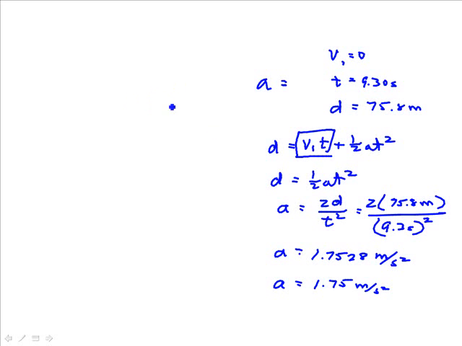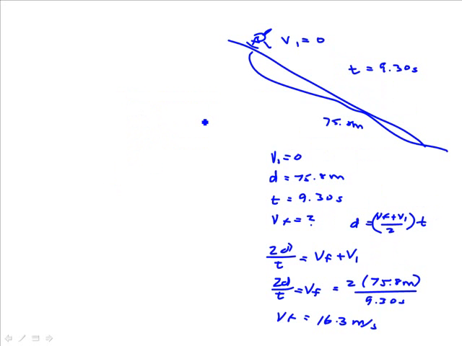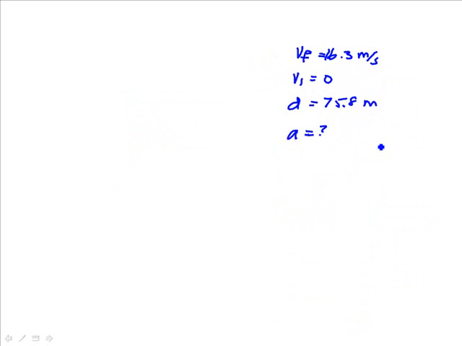Since in the first part of the solution we said that VF was equal to 16.3 meters per second, and VI is equal to 0, and D is equal to 75.8 meters, we could solve for A using the equation that doesn't have time in it. We could calculate A using the equation VF squared equals VI squared plus 2AD, so A is equal to VF squared minus VI squared over 2D.